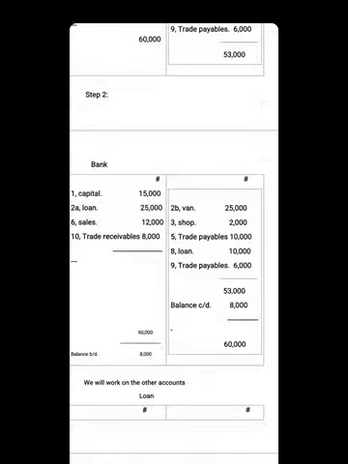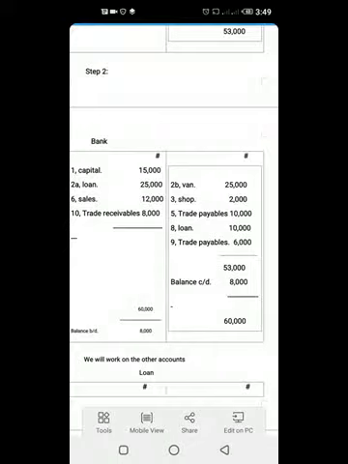Balance carried down is the amount used to complete the credit side, so that it will be the same as the debit side. So we carry down the amount, which is 60,000 minus 53,000, which gives us 8,000 naira. When we add the 8,000 naira balance carried down to this one, it will give us 60,000 naira.